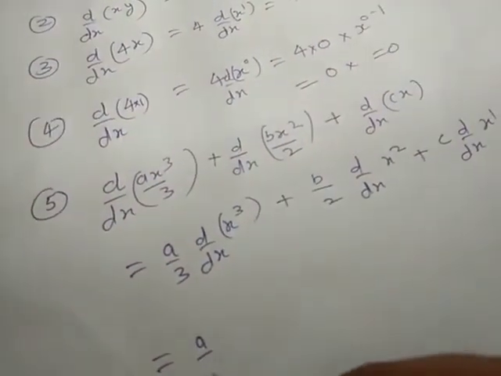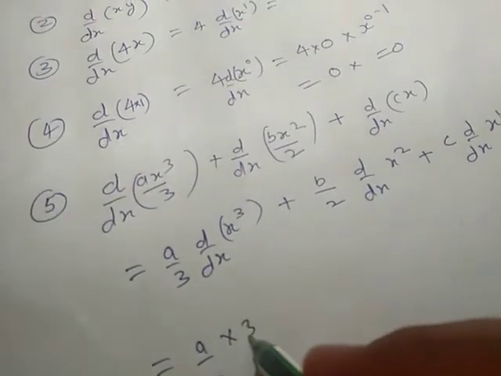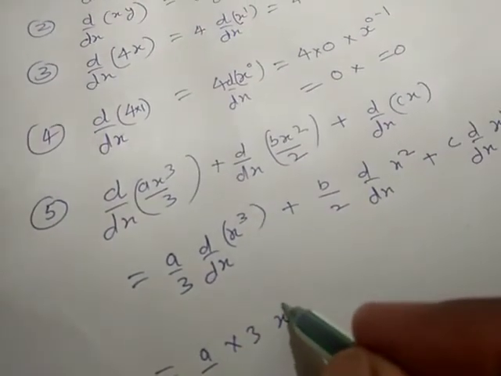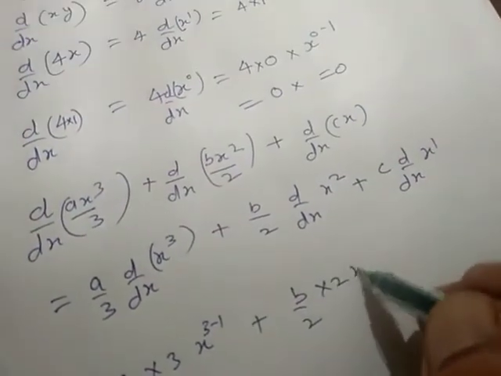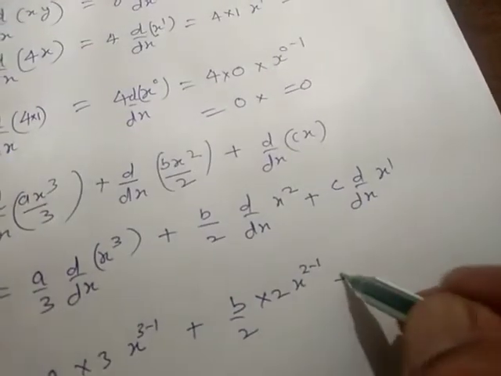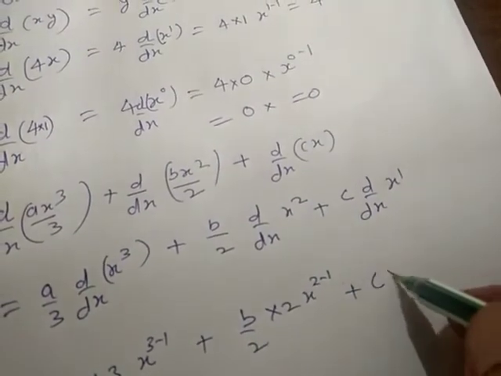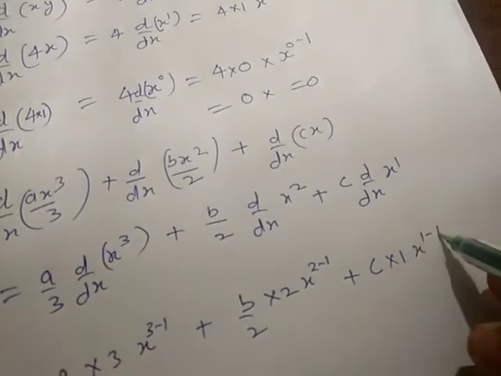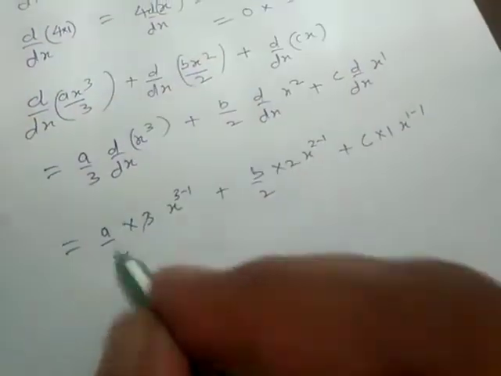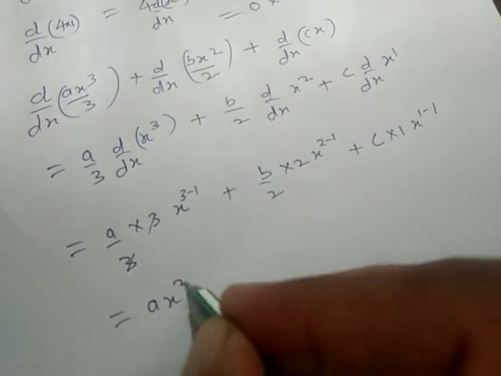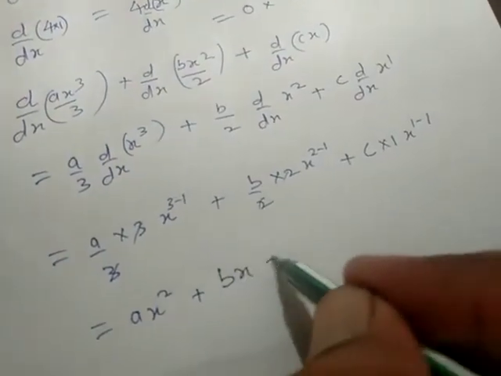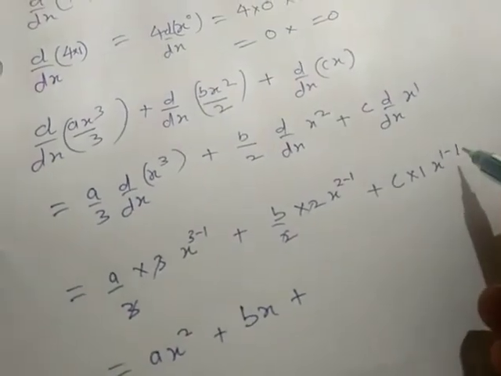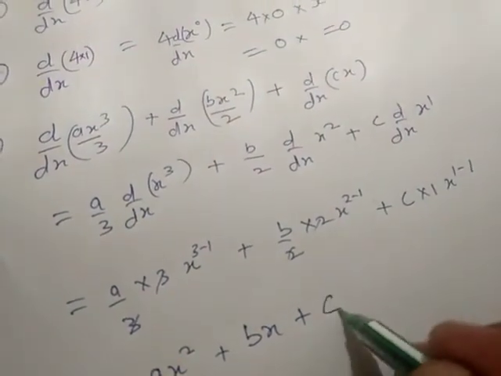In differentiation, whatever power is there is multiplied and the power is decreased by 1. The 3s cancel, this becomes a x square; the 2s cancel, the power becomes 1, so bx; and x to power 0 is 1, so this becomes c.